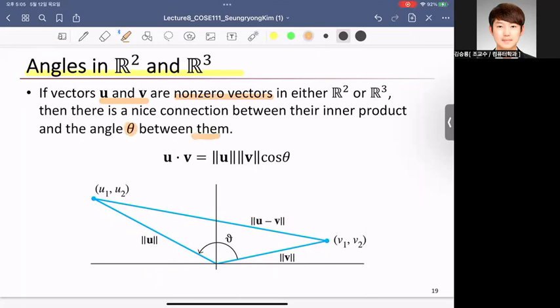For example, let's say here is vector U and here is vector V. We are interested in the angle between two vectors. Then the relationship is inner product of U and V equal to length of U times length of V times cosine theta. So let's prove this one first.